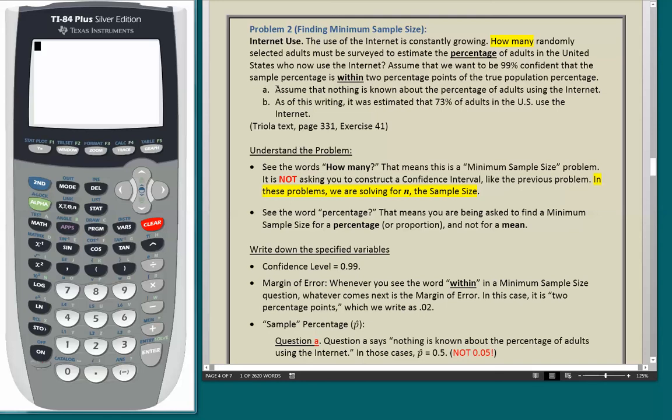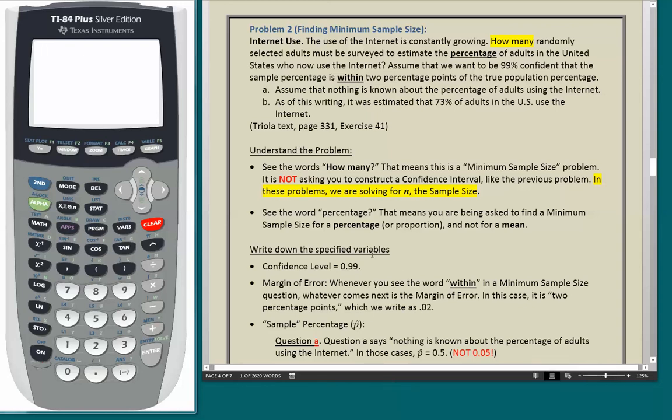Question A says, assume that nothing is known about the percentage of adults using the internet. Question B says, and these are two separate questions, as of this writing, it was estimated that 73% of adults in the United States use the internet. And again, this question is taken right from the Triola text, page 331, exercise 41.